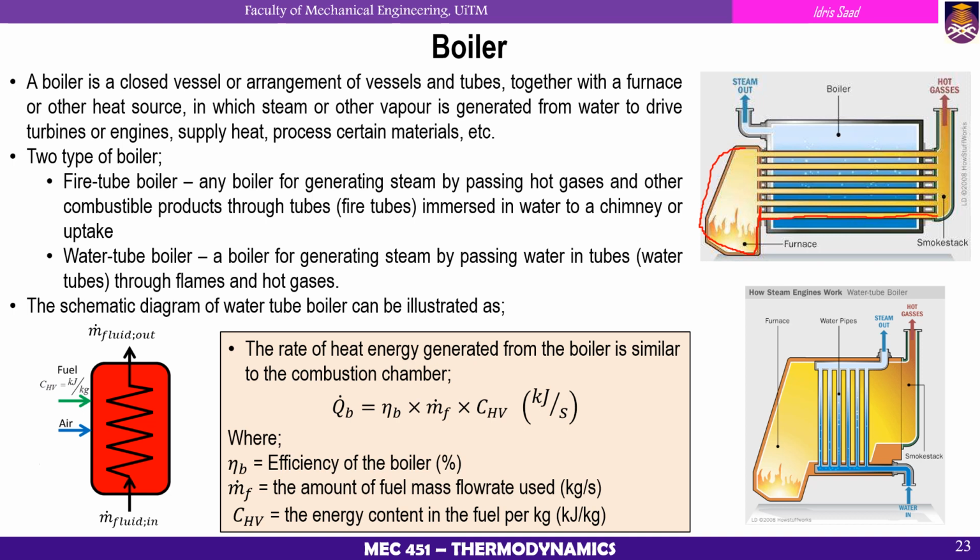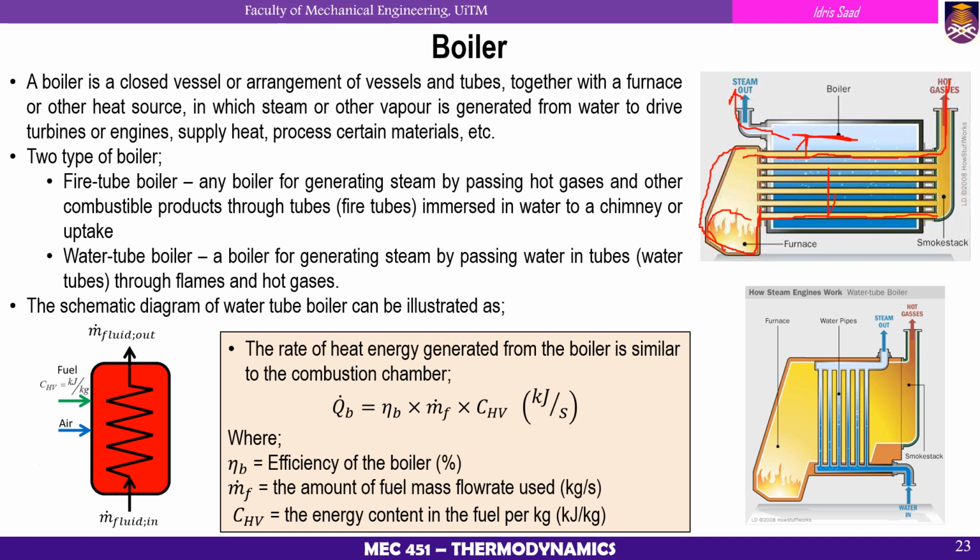The tube is immersed inside the water. So this is the source of fire. The tube becomes hotter, and the gas goes outside. This water will absorb the heat from the tube, and then it will produce steam at the output of the boiler.